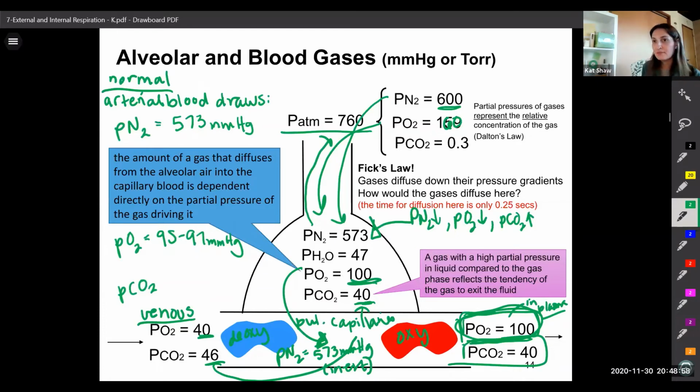And generally what that means is we no longer have 100% saturation; 97 to 95% saturation is maybe more typical within arterial blood.